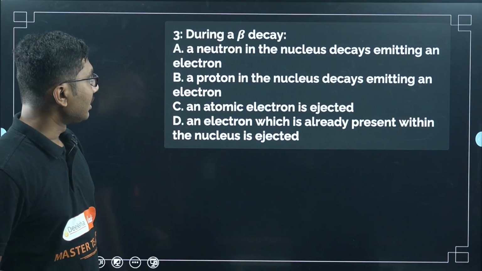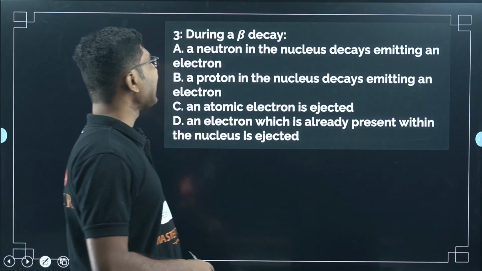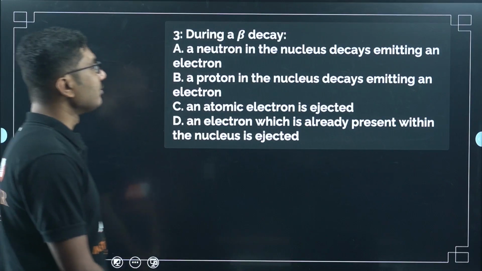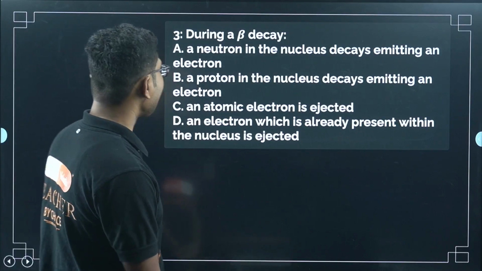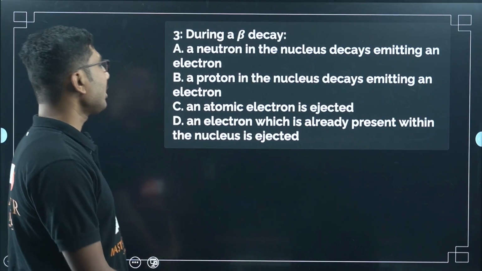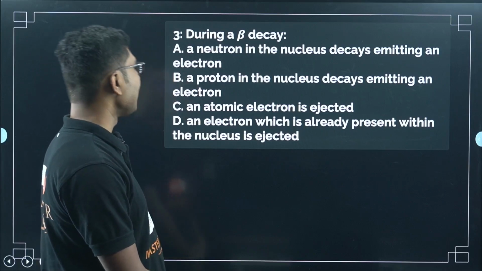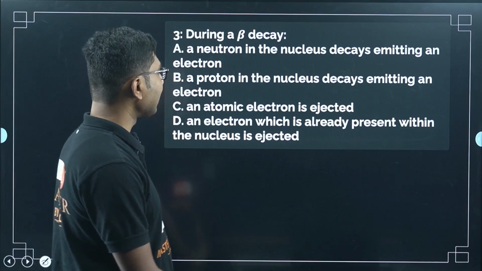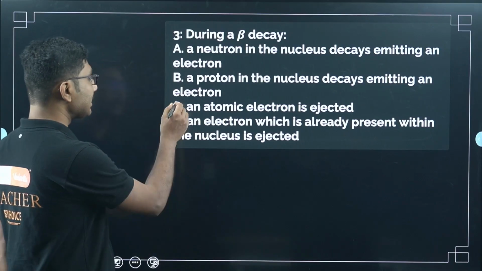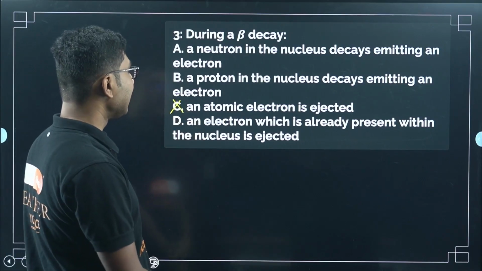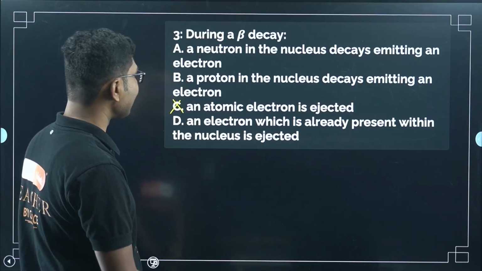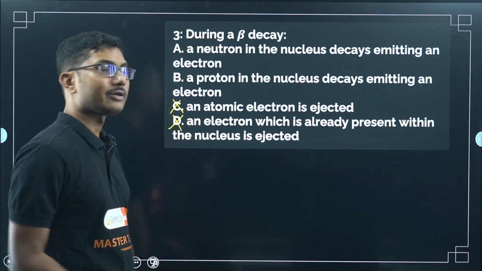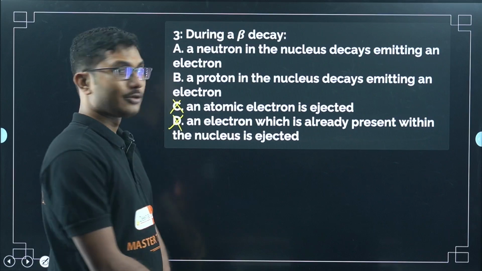Now the last question: during a beta decay, a neutron in the nucleus decays emitting an electron. Or a proton in the nucleus decays emitting an electron. An atomic electron is ejected? An atomic electron does not exist in the nucleus, so that is not possible. An electron which is already present within the nucleus is ejected? Obviously there is no electron inside the nucleus, so these two are cancelled.